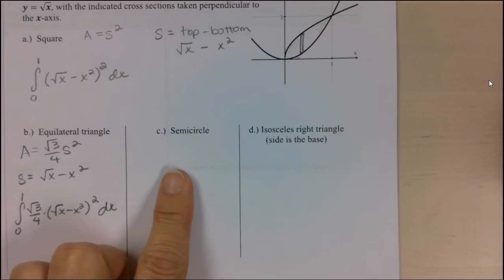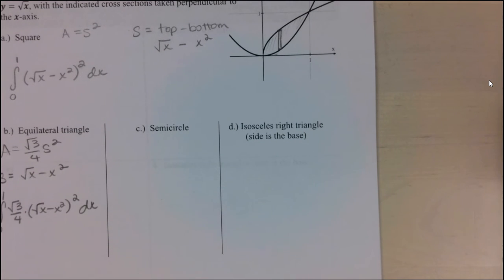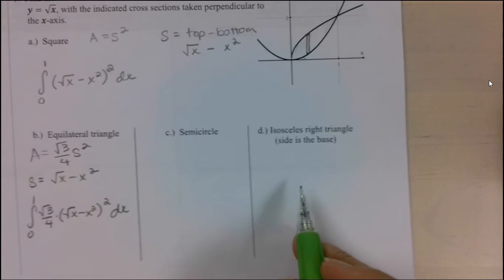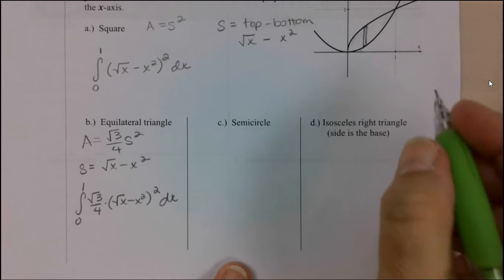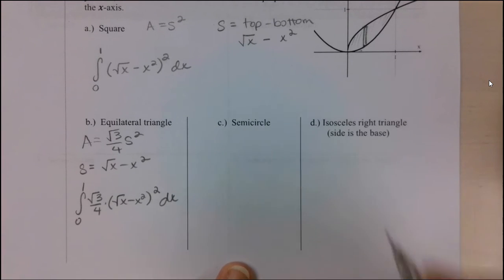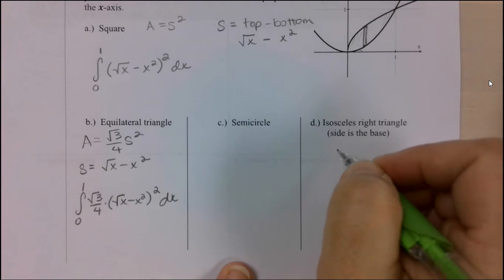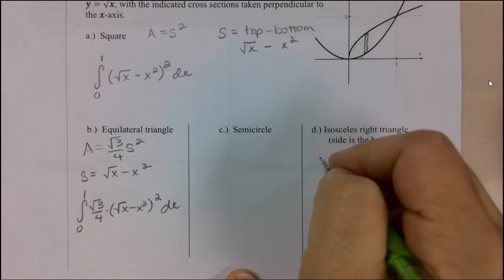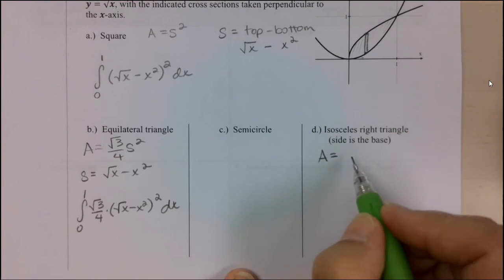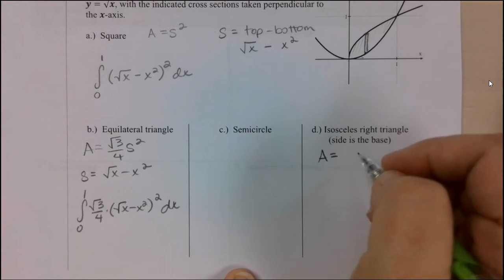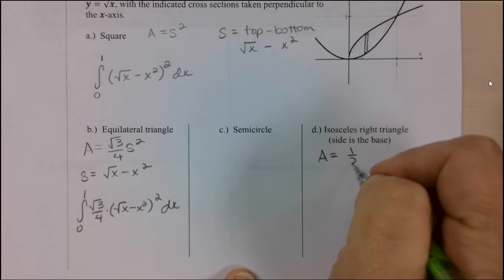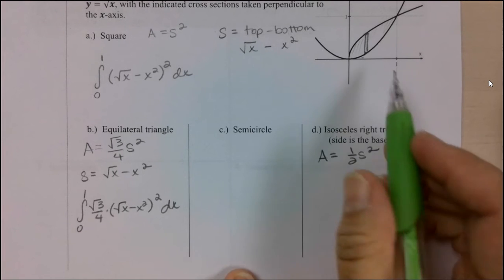I'm going to save semicircle for last. Let's jump over here and do the isosceles right triangle, which is not one of the choices that I can show you what the shape would look like, but we can go ahead and find the volume of the shape. My area formula is 1/2 side squared.